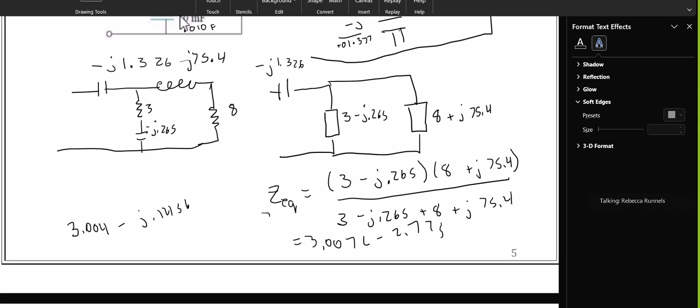And then to get our total impedance, we still have to add in this last capacitor that was in series.